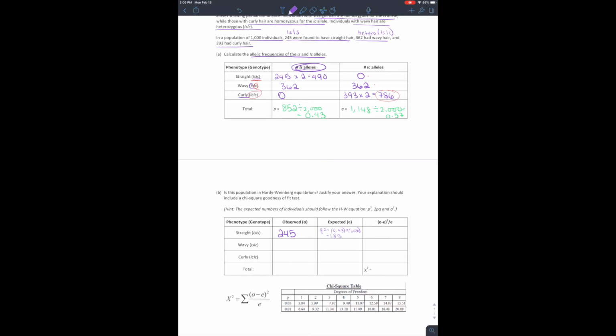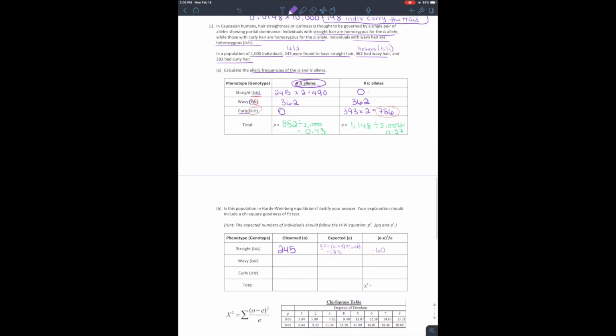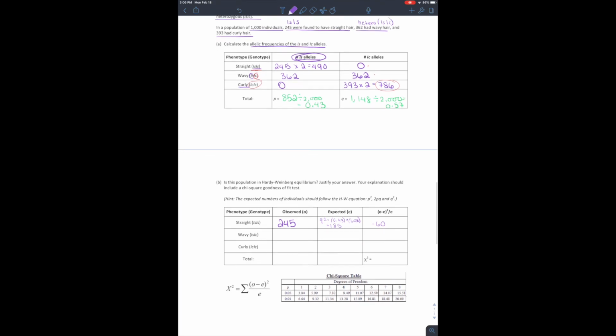When I do the O minus E, it's going to be negative 60. Wavy, our observed was 362.